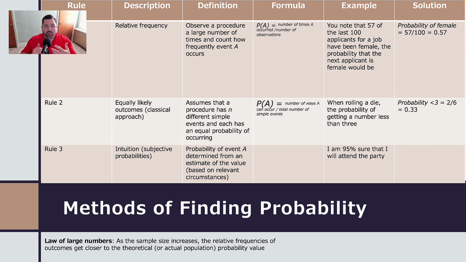So if we're hosting a job and 57 of the last 100 that have applied have been females, we can get a probability estimate that the next candidate who applies for a job will also be female. And so the way that we would do this with rule 1 is taking the probability equation. The probability of the next person being female would be A, the number of females out of the last 100 that applied for that position, 57, divided by the number of applications that were reviewed, 100.